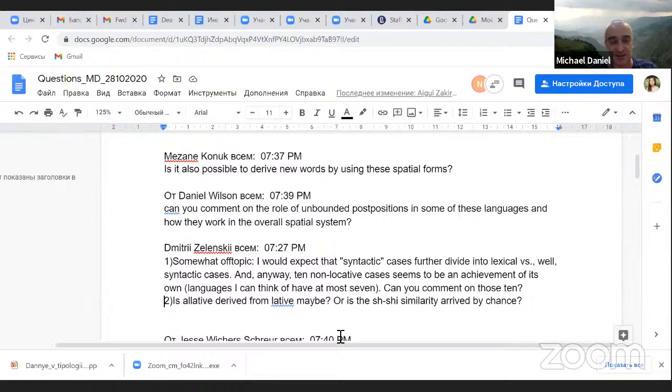A speaker can say 'cave in' using the localization 'in', but the speaker can also say 'cave in inside', reinforcing or doubling the meaning of the localization marker.